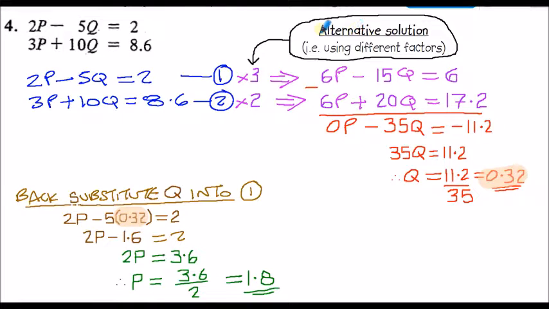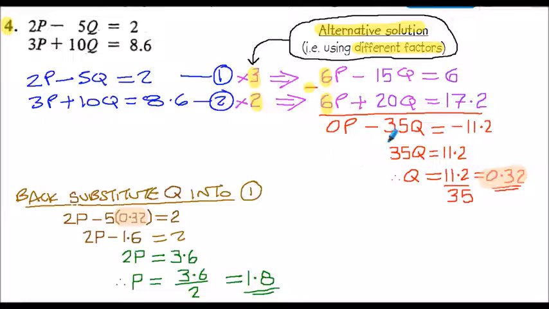Here's an alternative solution to question 4. In this solution, different factors are used. So here, equation 1 is being factored by 3, and equation 2 is being factored by 2. This process now allows us to eliminate p from the equations, as the coefficients of both terms are now 6. Notice in this solution we have to now subtract the two equations to eliminate p from our solution.